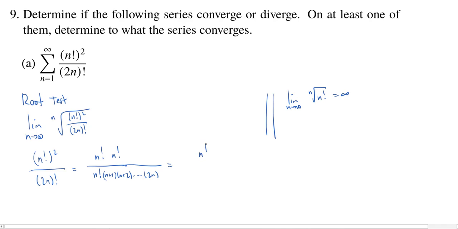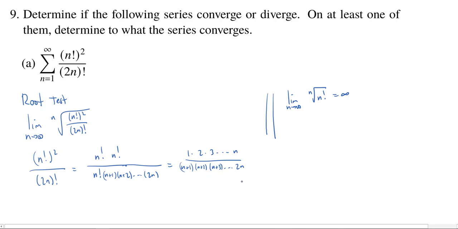And so I'm left with n factorial, which in fact, instead of writing n factorial, let me write it down. I can write this as 1 times 2 times 3, etc., up to n over n plus 1, n plus 2, n plus 3, up to, well, n plus n, which is 2n.